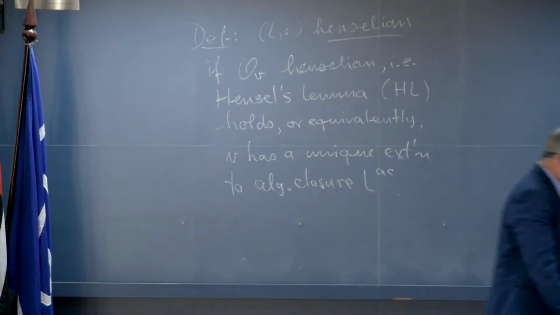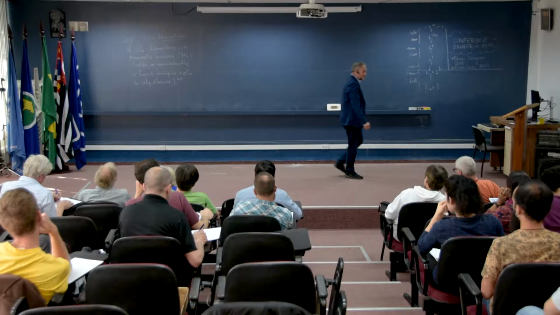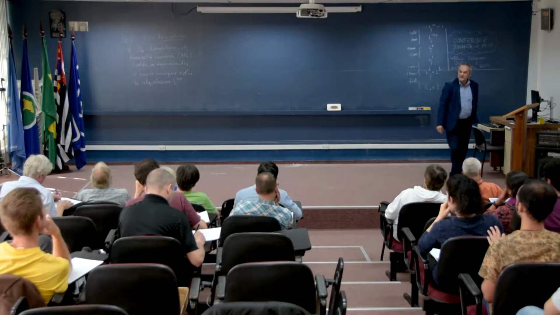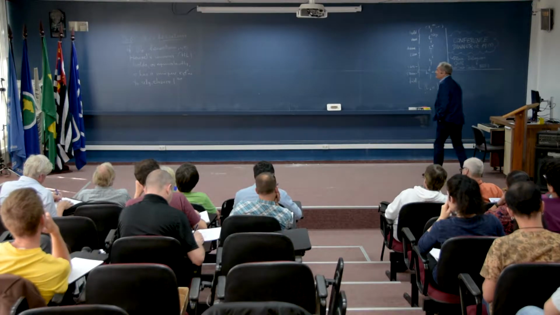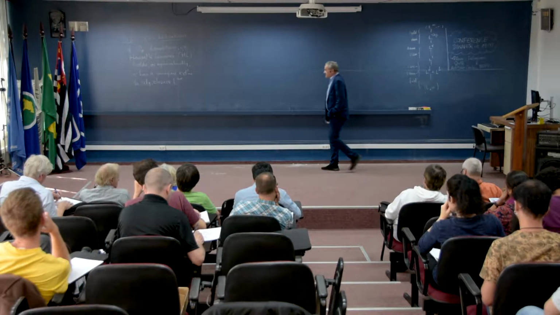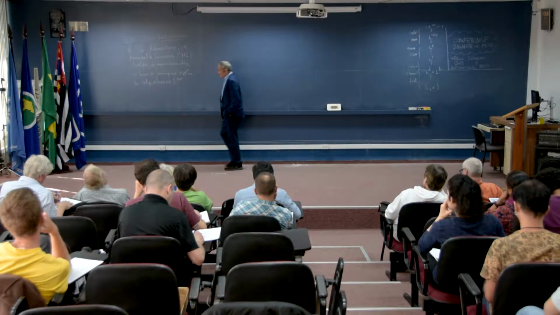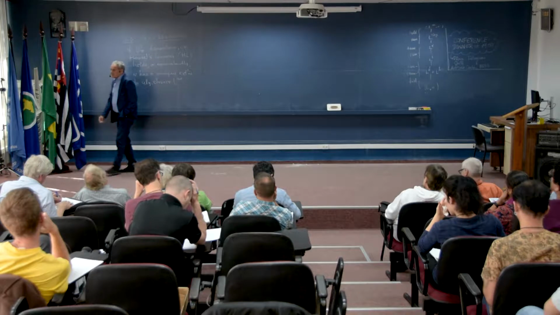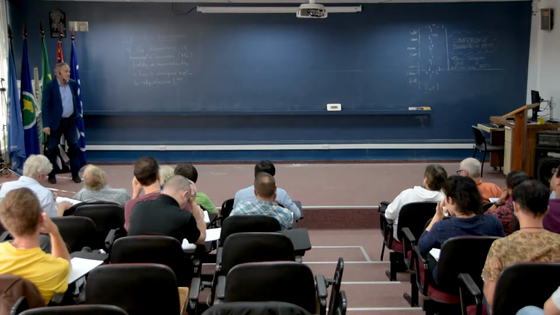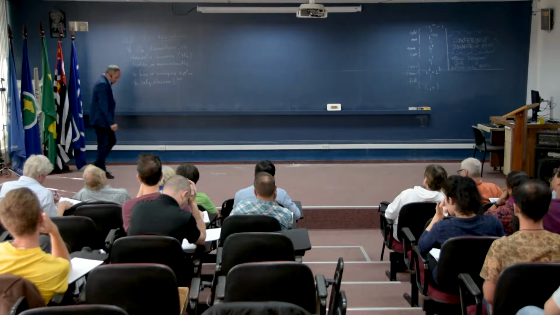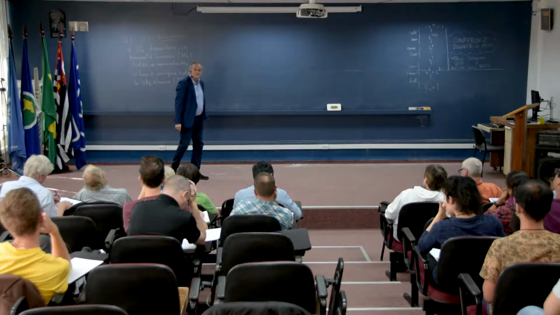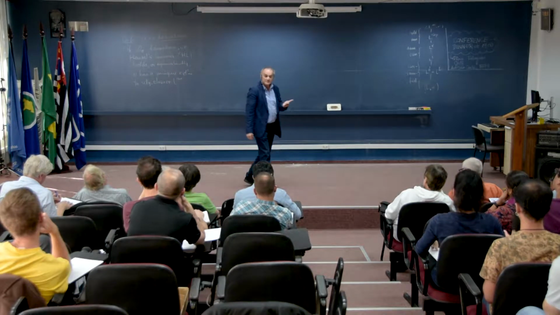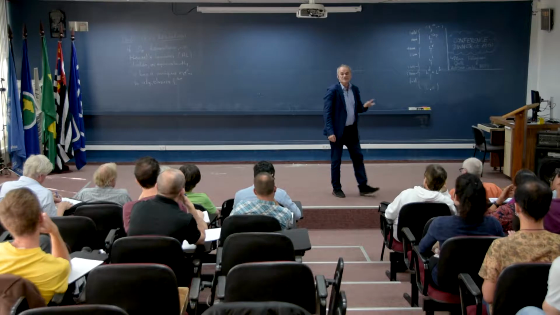So Graham mentioned already there are several equivalent formulations of Hensel's lemma. Actually, when you pass to field theory, Henselian fields, there are certainly more than a dozen, maybe even dozens of equivalent formulations. And so we know Hensel's lemma as a slight generalization, Newton's lemma.